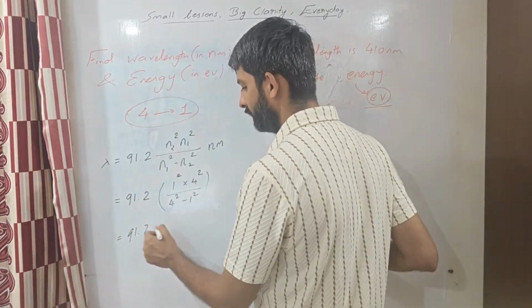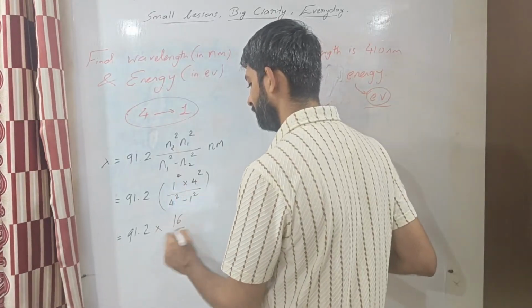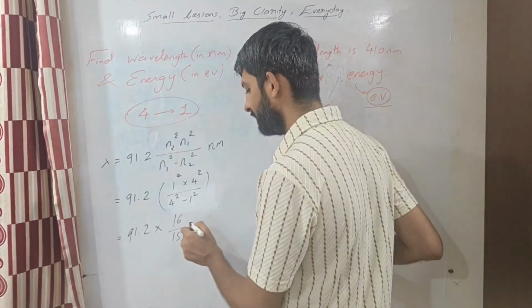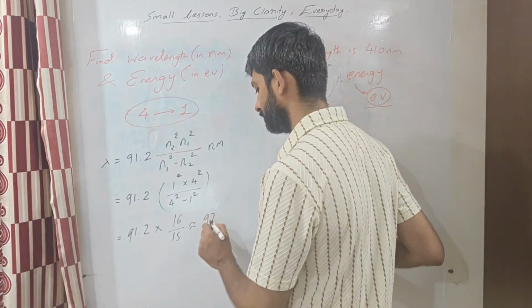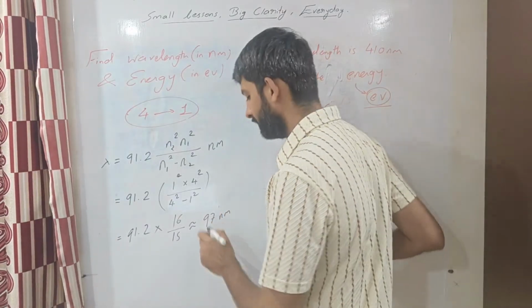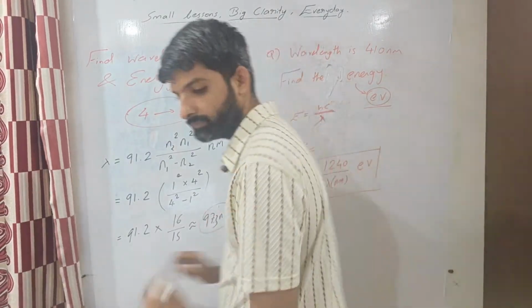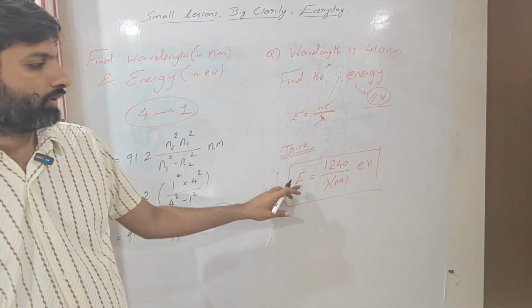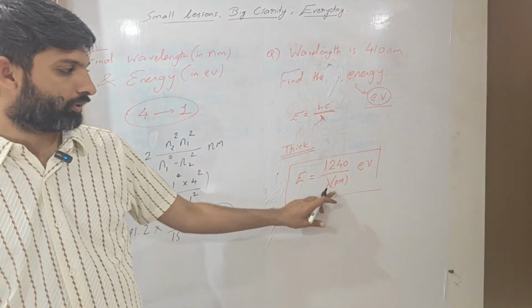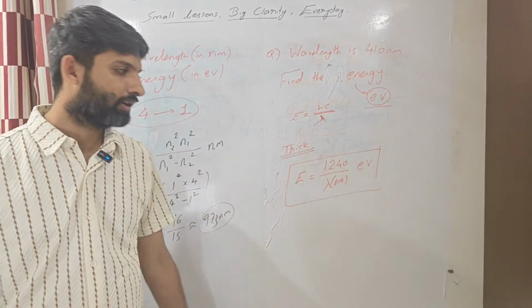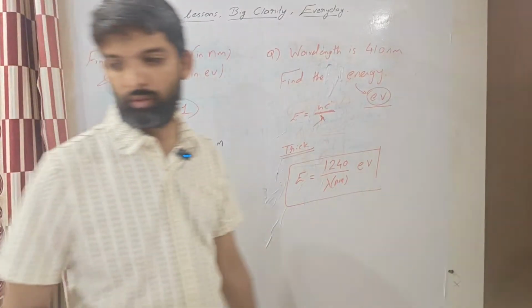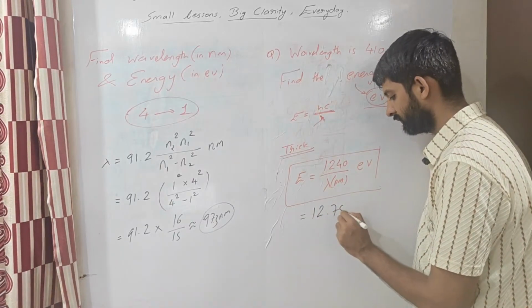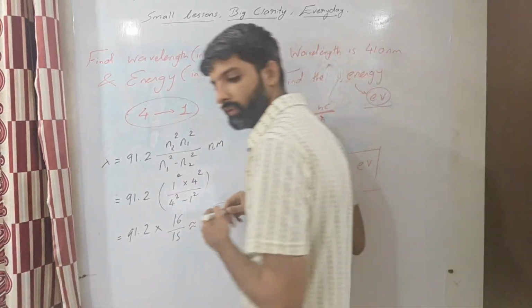No need to take it negative. So 16 upon 15. So this is approx 97 you might be getting. Exact answer is 97.3 nanometer. And from this, if you put the value of 97.3 over here and divide it, you will get the value 12.75 eV.